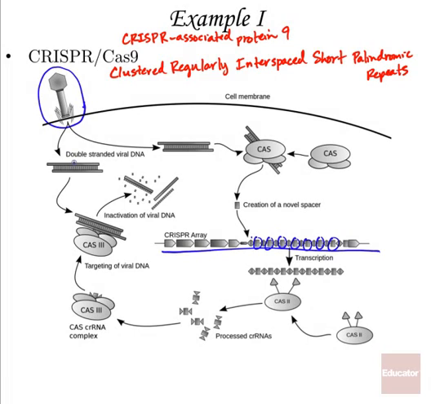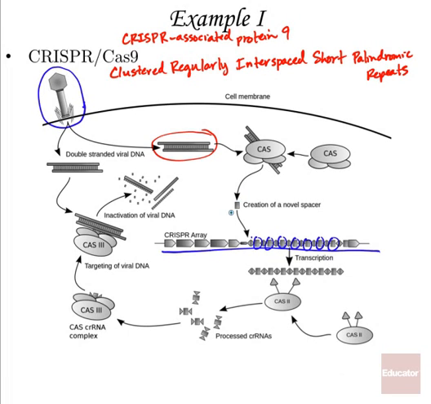It can be simplified down to a 4-step process. Step 1, the invading viral DNA, double-stranded DNA, or if it's an RNA virus, the same thing could happen, is cut into small fragments. From those fragments, you end up creating a novel spacer.